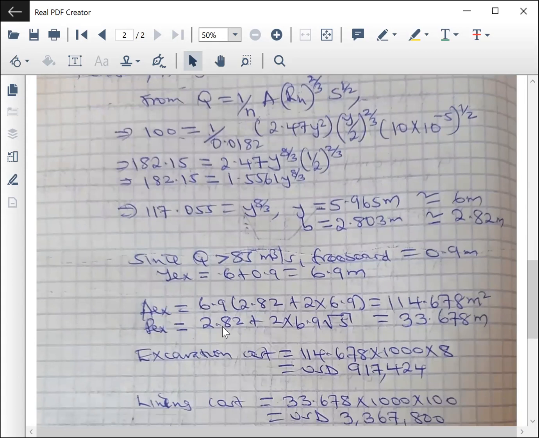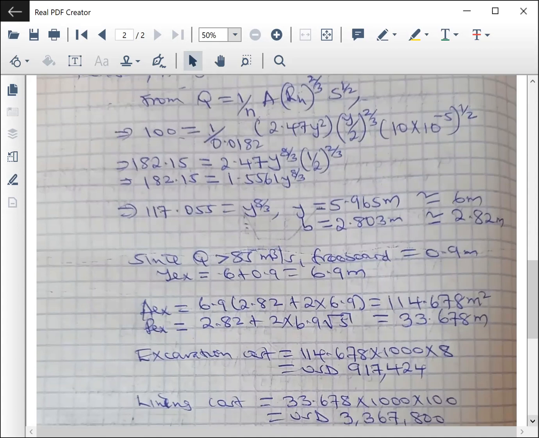So excavated area, now we just replace y into b plus my. Instead of y, we use y excavated, because area excavated, you get 114.678 meter square. Excavated weighted perimeter, it will be the same. Instead of y, we use y excavated. It will give us 33.678 meter.